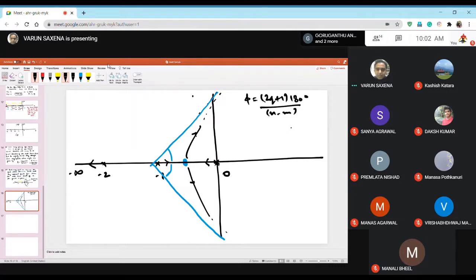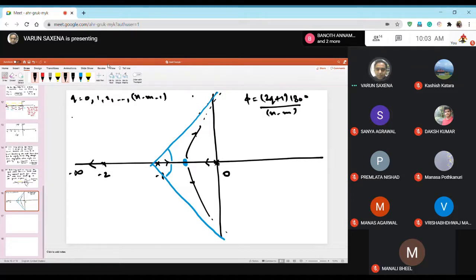The value for q we will start from 0, go to 1, 2, and it will end at n minus m minus 1, because it's starting from 0. So it will take as many values as n minus m, so it will start from 0 and end at n minus m minus 1.